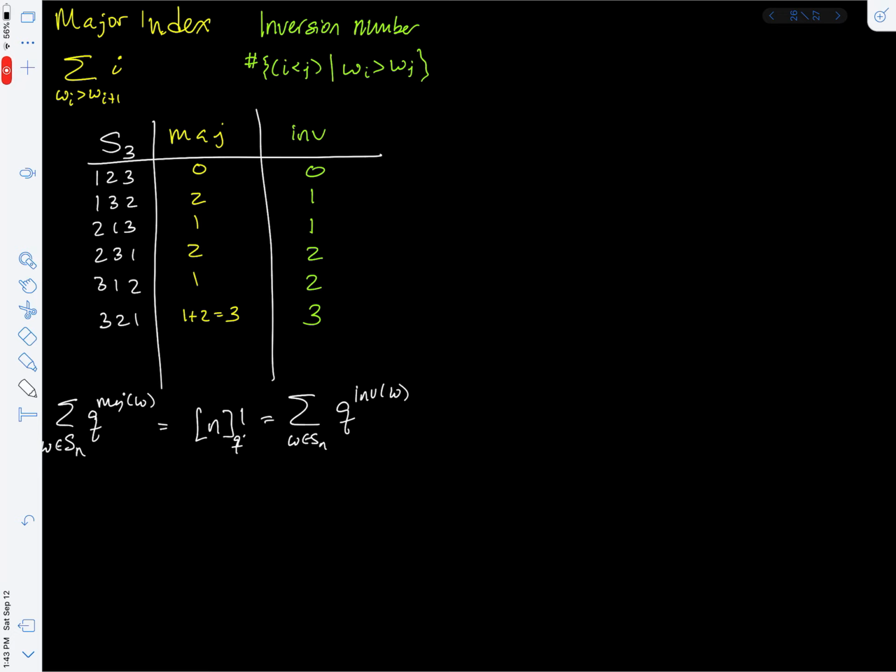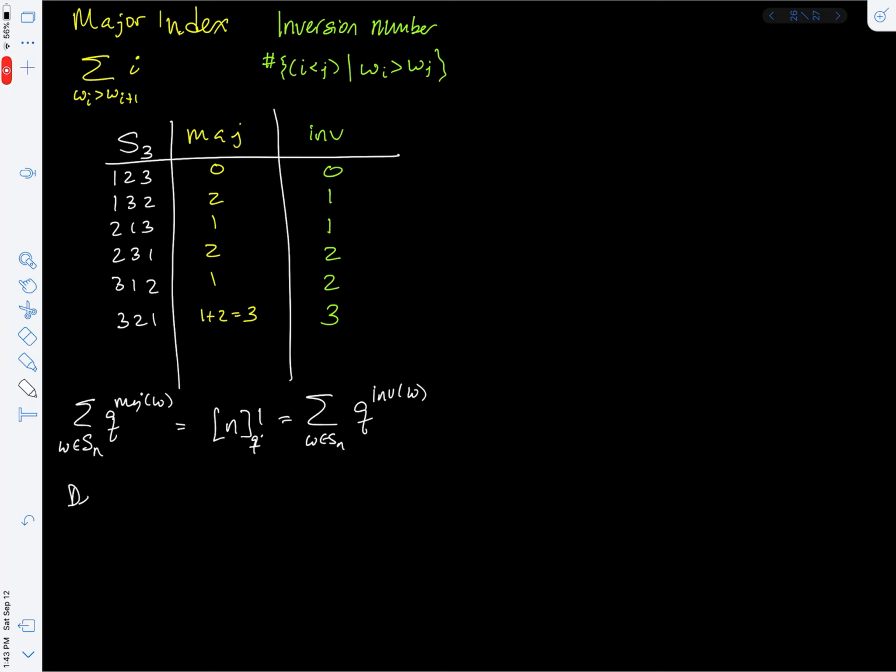But that sort of begs the question: can we define a bijection that proves this? So what we would need is a bijection phi from S_n to S_n, such that the major index of w is equal to the inversion number of phi of w.